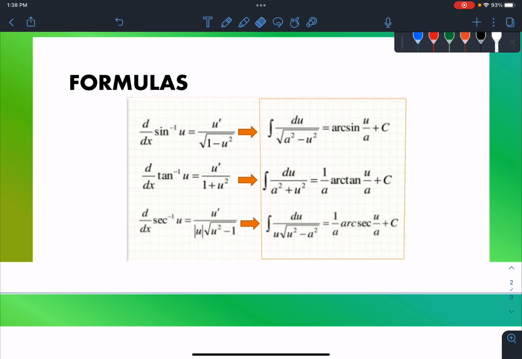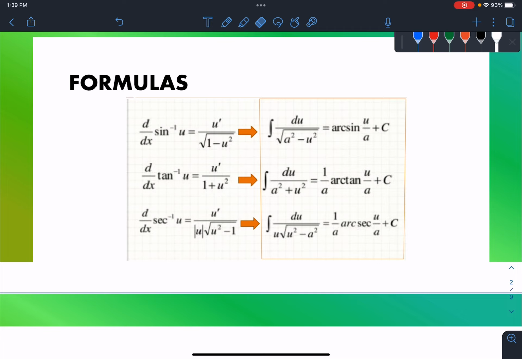So if we are given a certain integrand which has the format for the derivative of an inverse trigo function, then the integral for that given integrand will be an inverse trigo function.